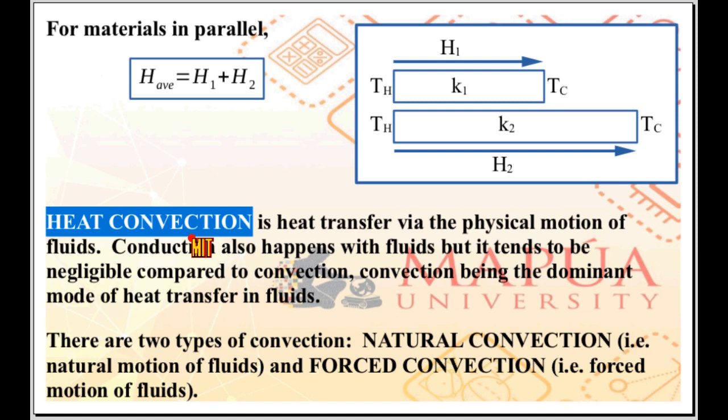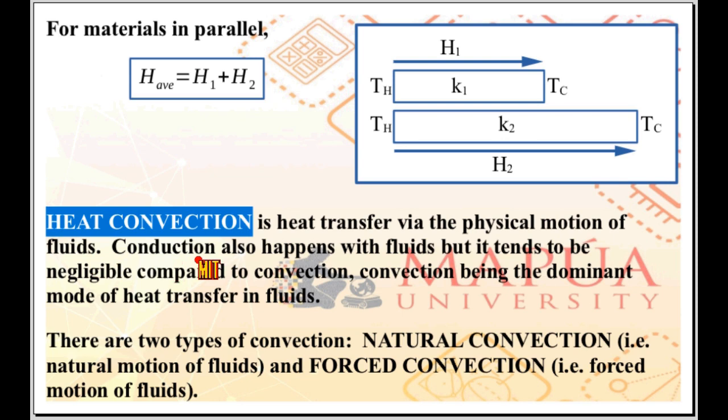Suffice it to say that heat convection is heat transfer via the physical motion of fluids. Because the fluid is moving from one location to another, heat is being transferred from one location to another. And depending on how fast the fluid is moving, that will determine how fast heat is being transferred.